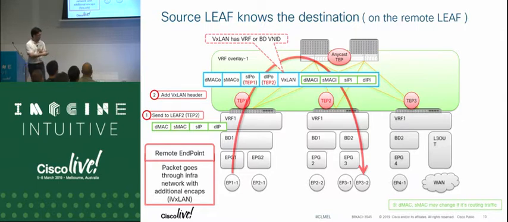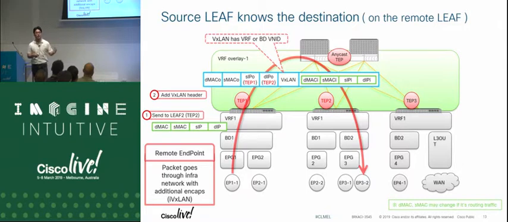Okay? Then, once we have created this blue outer header, the packet physically leaves the leaf and reaches the spine first. Because in ACI, there is no leaf-to-leaf connection, no spine-to-spine. It always goes to spine first. Then, spine checks this outer header first. In this case, the destination IP is leaf 2 TEP address.